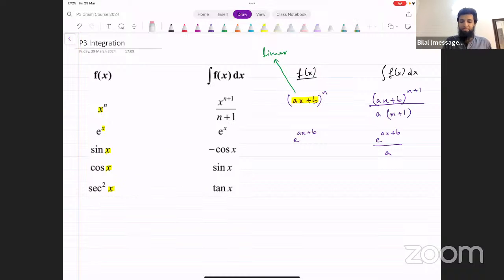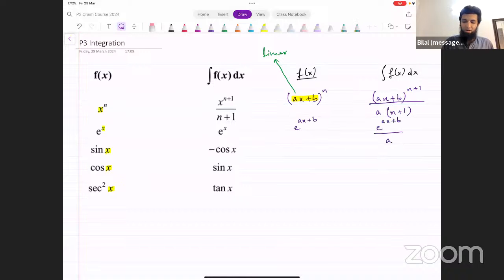Now you could generalize these rules as well like this. Just like we had for the power function, this is for the exponential function. And then for sine, if you had sine of ax plus b, the integral of that would be minus cos of ax plus b divided by a.